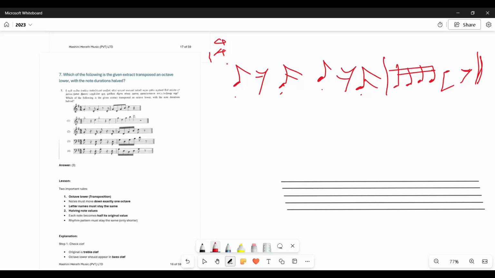It was 4/4, but it was halved. So halving means the bottom number of this time signature would be doubled, 4/8, or you can also write 2/4, but 4/8 would be the best option in this case.